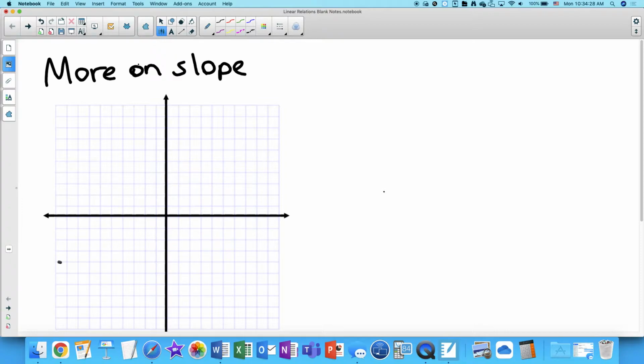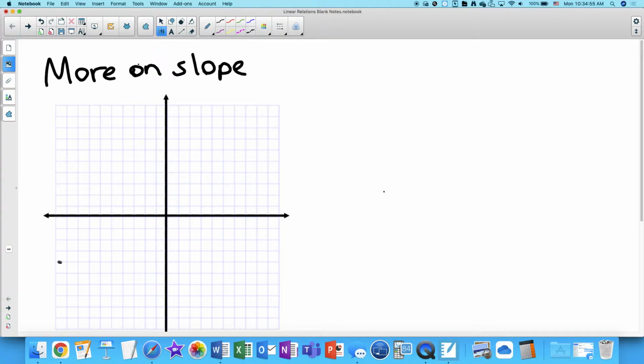So you must, for example, include units in the rate of change, right? Kilometers per hour. Dollars per liter, that kind of thing, okay? When we're talking strictly about slope, there may not be or usually is not a context attached, so it's more abstract. We're looking at the slope and how it connects with the graph.